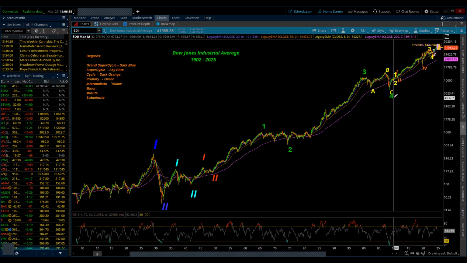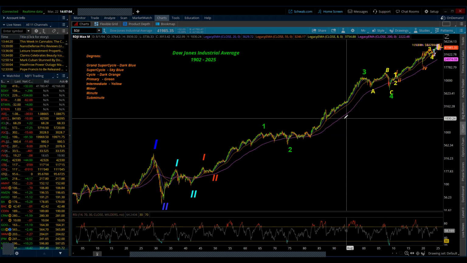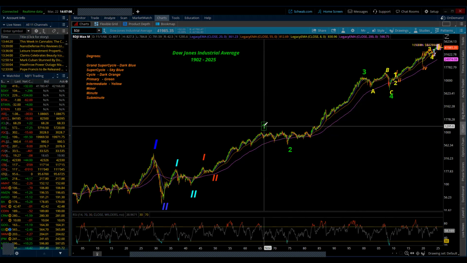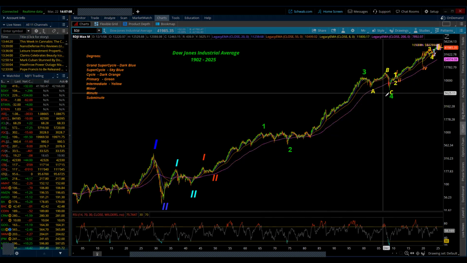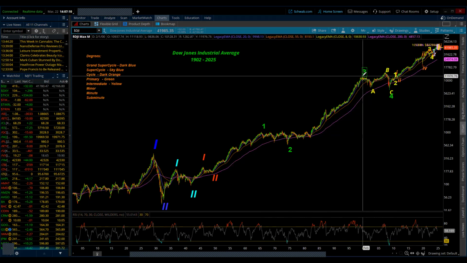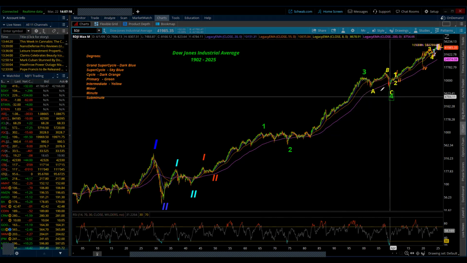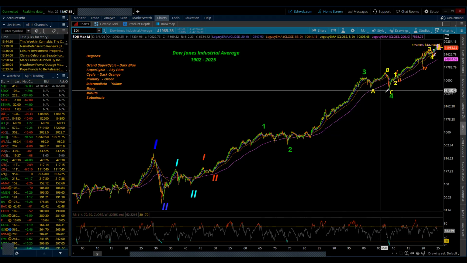Now, there might be others who will argue the actual placement of these, but this is my work, where I'm showing primary 1, 2, 3, and 4. Primary wave 3 topped in 2000. Then we had a primary 4th wave that unfolded over the next 9 years.